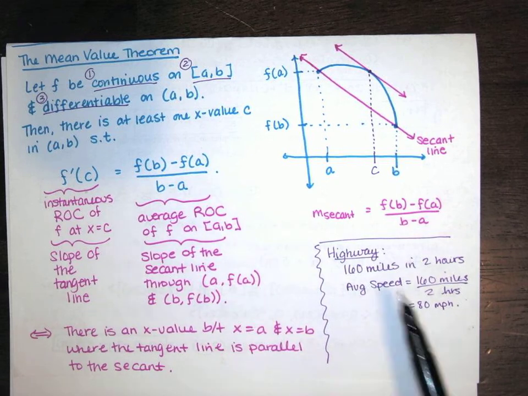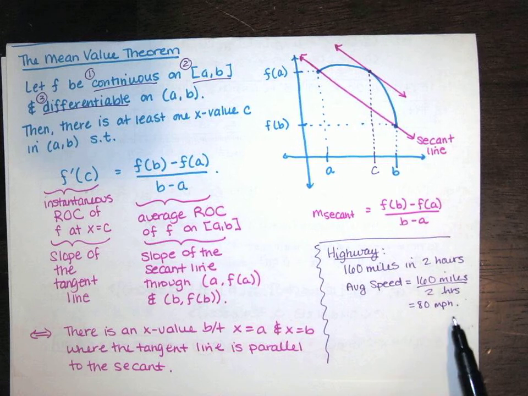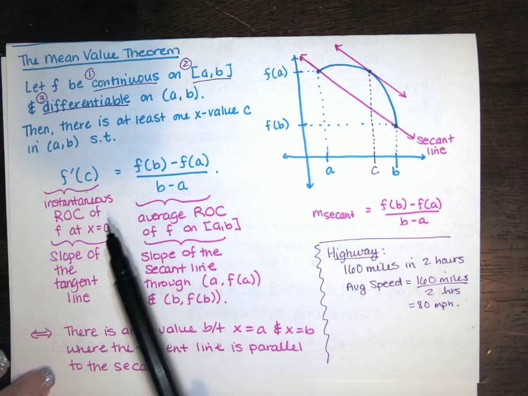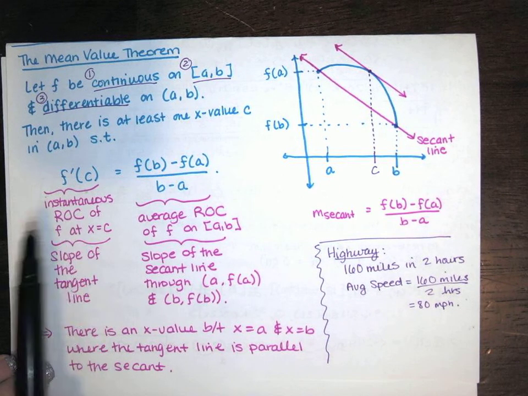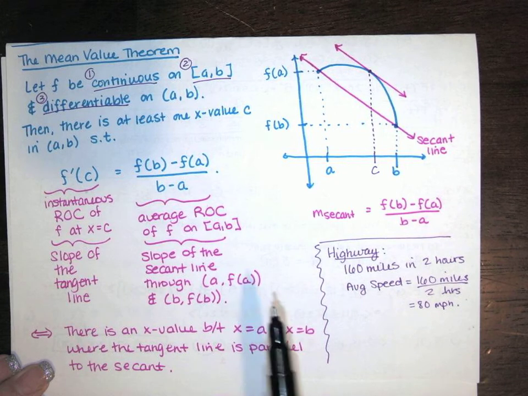This average speed doesn't tell me that I was going 80 miles per hour the whole time, but the mean value theorem says there was some point within that 2 hours where my instantaneous speed was 80 miles per hour.